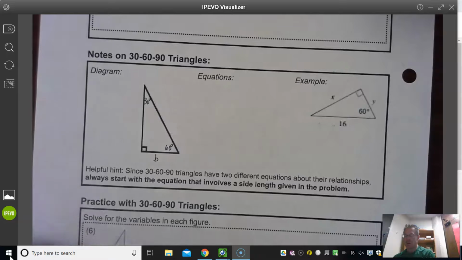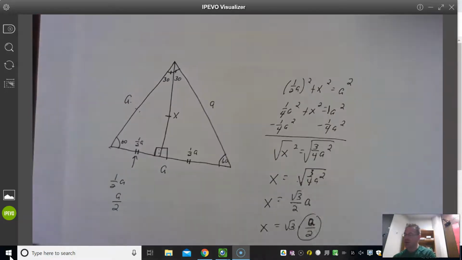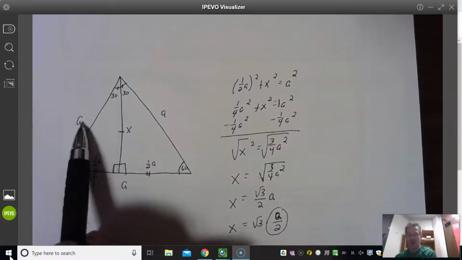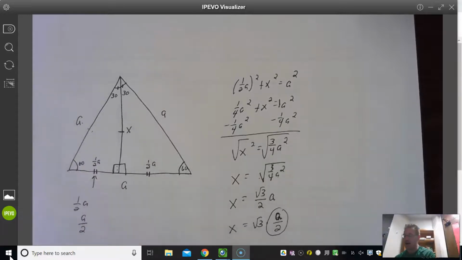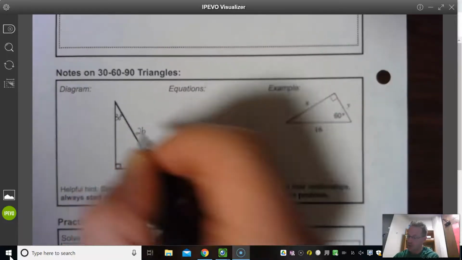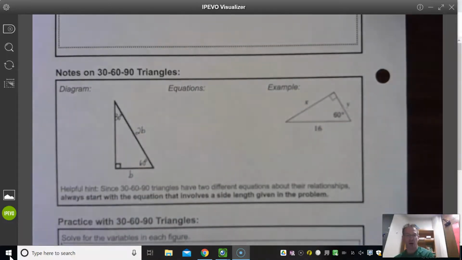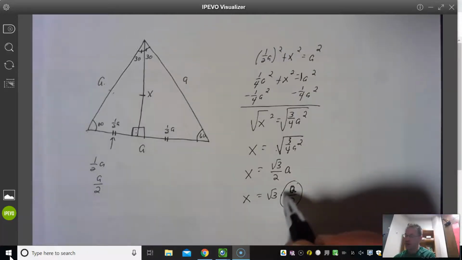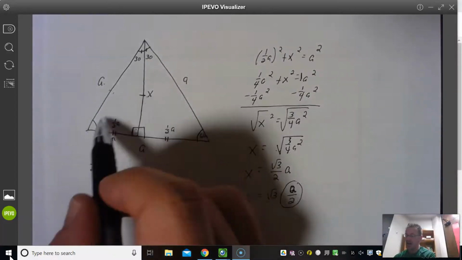Now, here's what we know from the relationship: the side opposite 30 is 1/2 A. So the hypotenuse is always going to be twice as big as the side opposite 30. So then the hypotenuse would be 2B. And from what we see here, A over 2 is the side opposite 30, and so the side X is the side opposite 60.